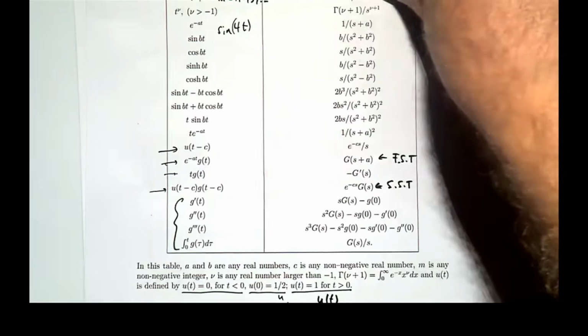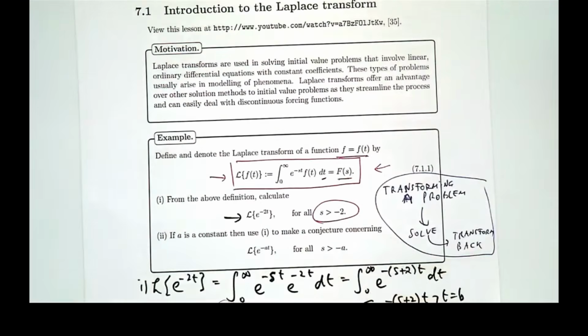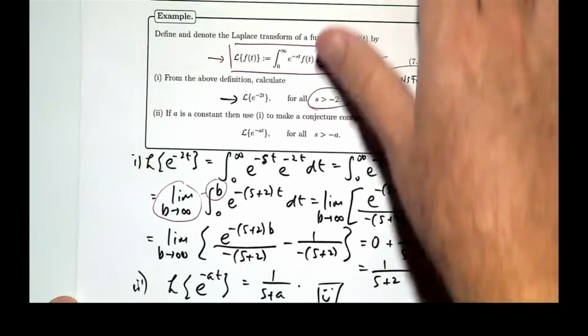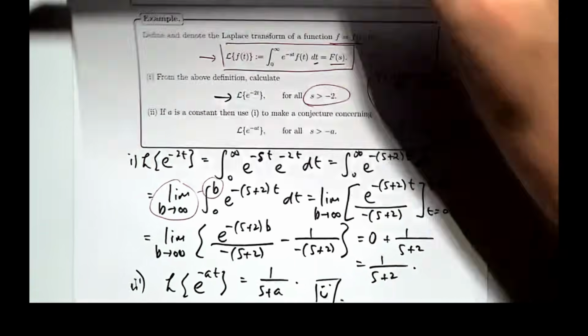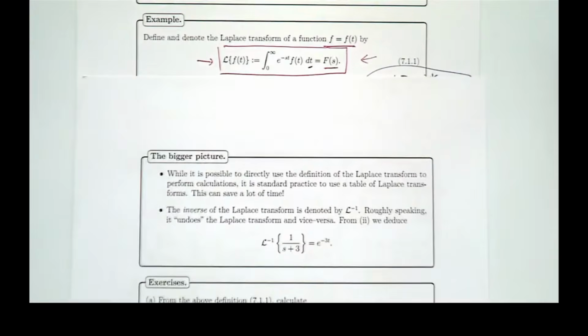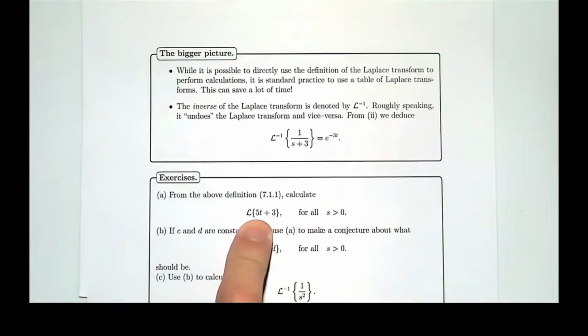Okay, so let's do a couple more examples. All right, let's do a couple more. So down the bottom, I've got L of 5t plus 3.